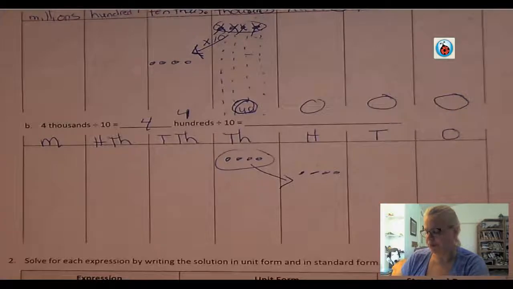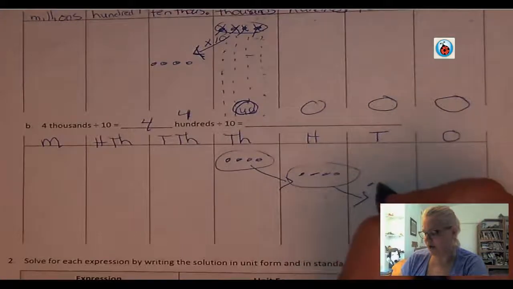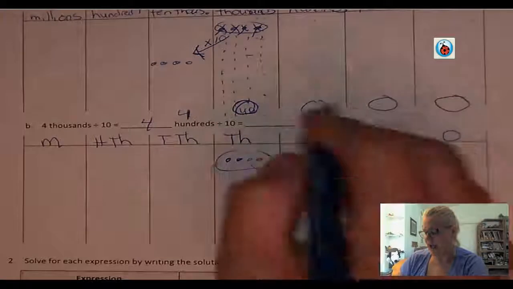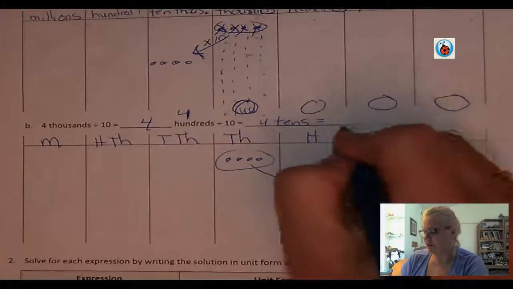Okay. And then 4 hundreds, we divide that by 10, we get what? 4 tens. And that equals how much? 40.